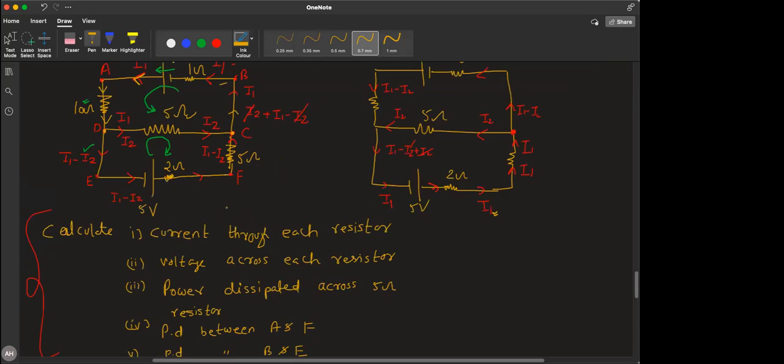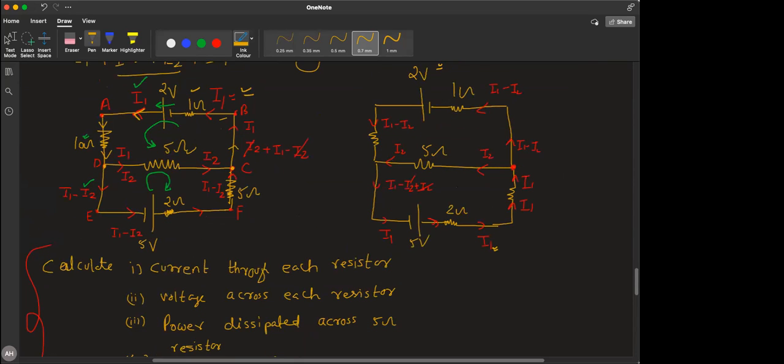Now let's move from C to F. Current is going from F to C. We are going from C to F, opposite to the direction of current. So what will be the expression for voltage drop? When we go opposite to the direction of current, the voltage drop is positive.